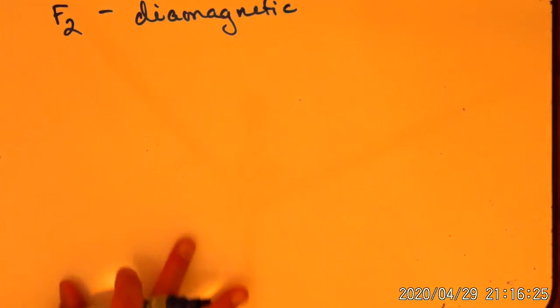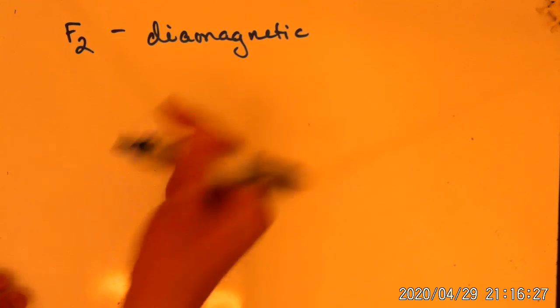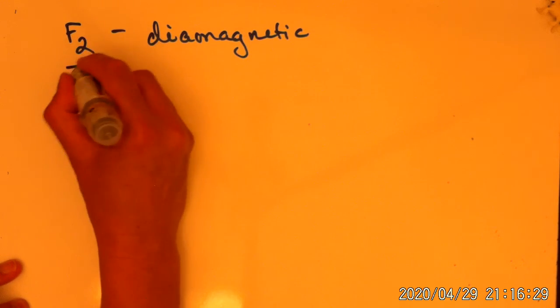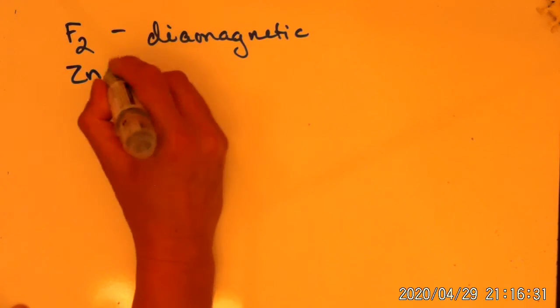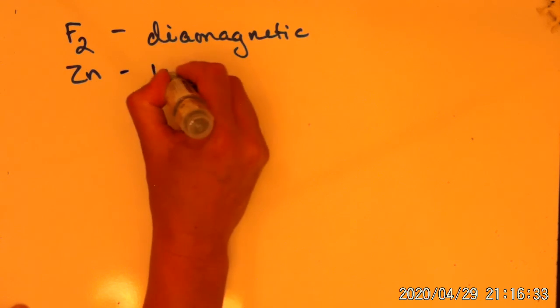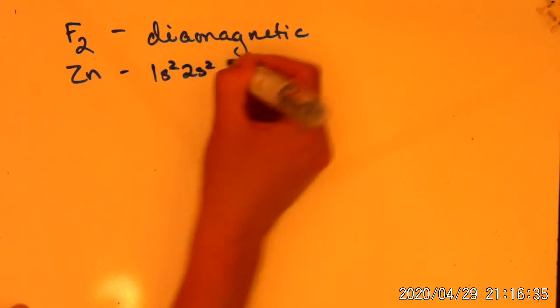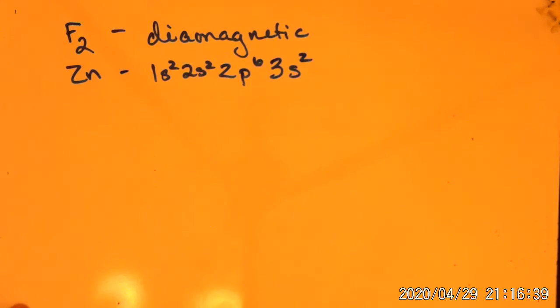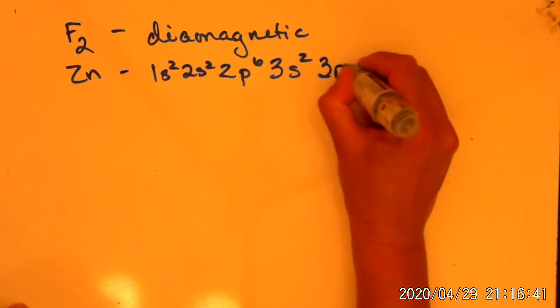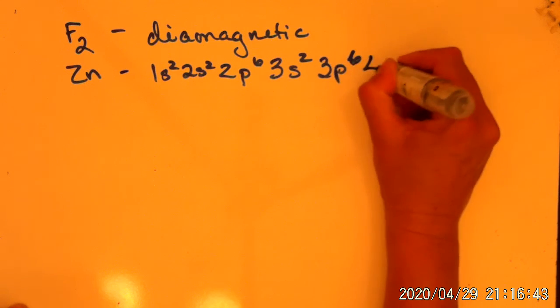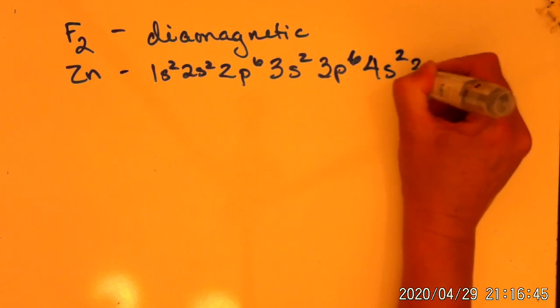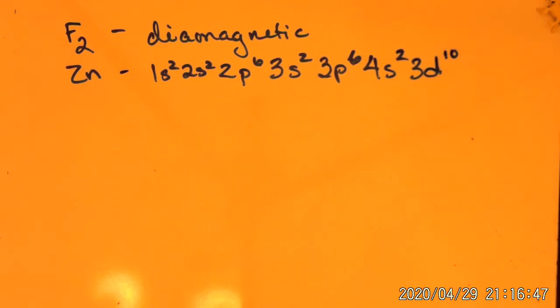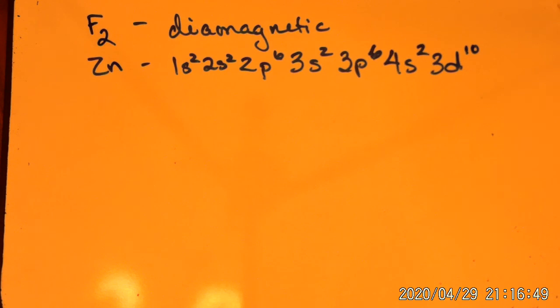Okay, now, let's see that. Here we go. So, what about our elements? If we look at zinc, zinc is 1s2, 2s2, 2p6, 3s2, 3p6, 4s2, 3d10. Just double check that before I'm done.